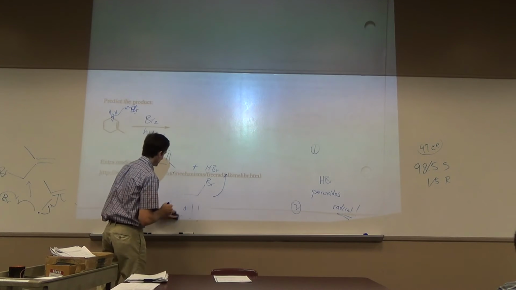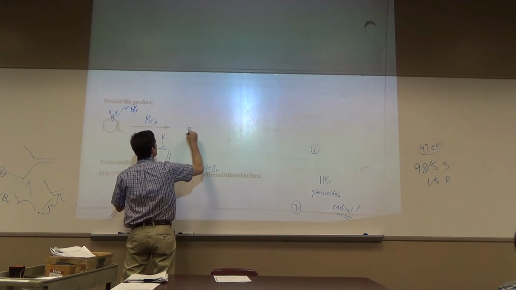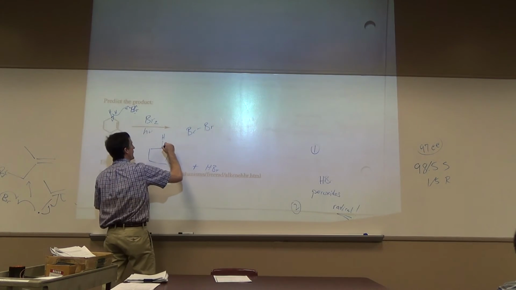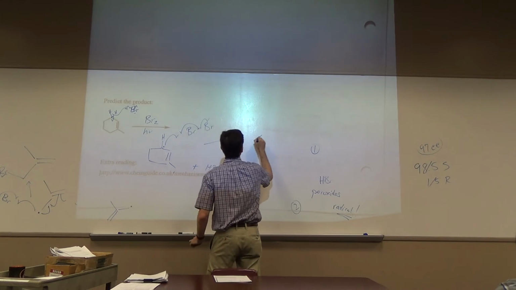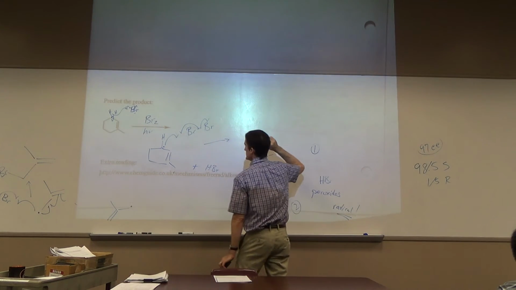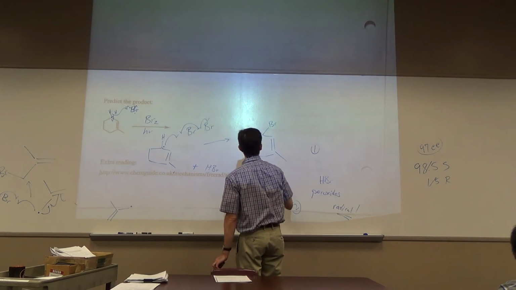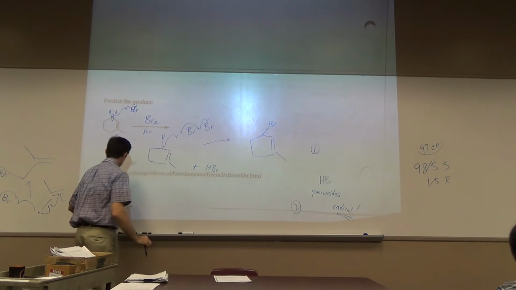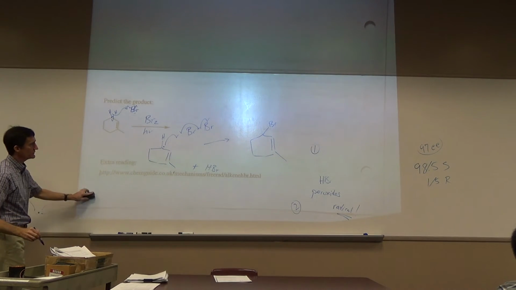We'll have to look at this. This could then strip the bromine, and we can get a product that looks like this. But there's another possible product that could come from resonance, right?